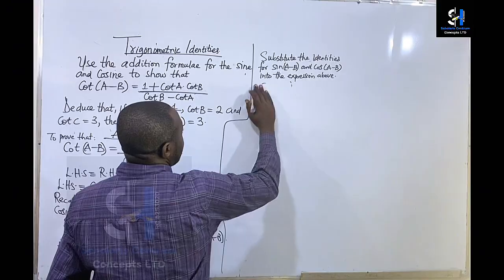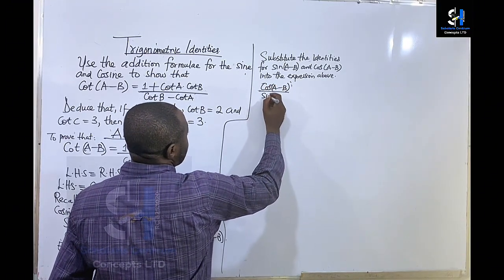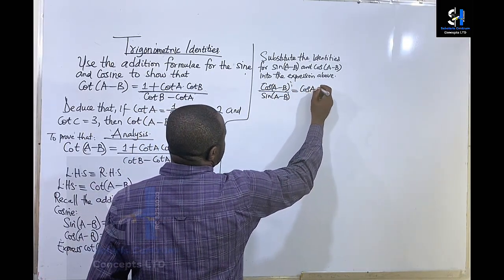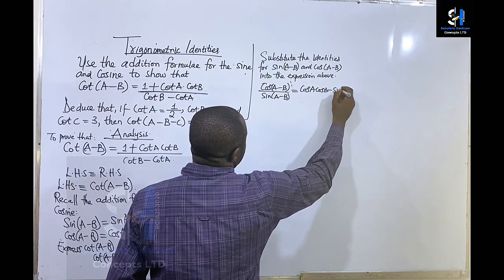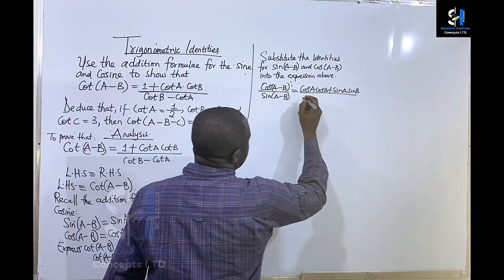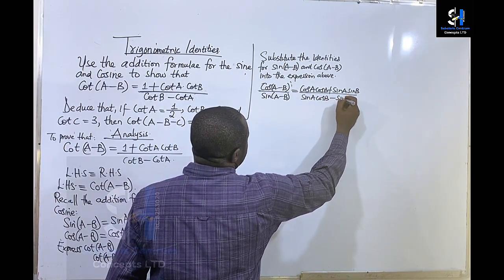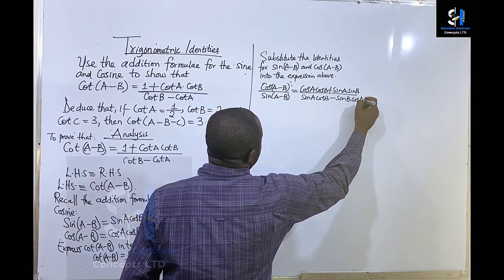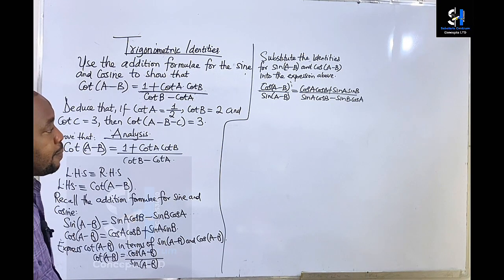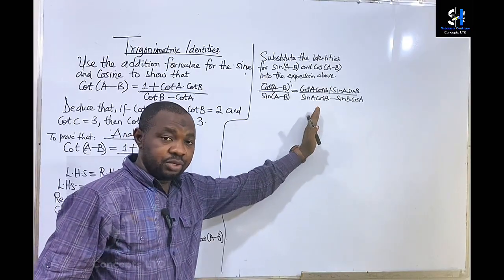We have cos(A minus B) over sin(A minus B), and that will be cosA cosB plus sinA sinB over sinA cosB minus sinB cosA.